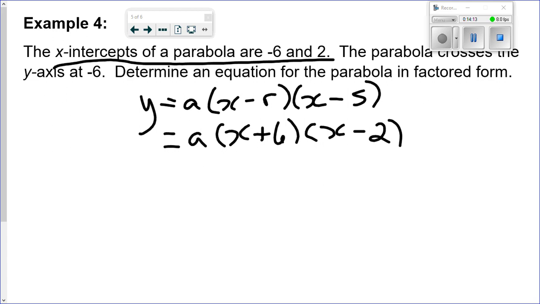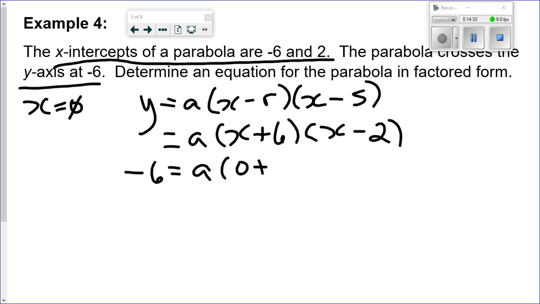And remember, switch those signs. We also know that it crosses the y-axis at -6. So we can sub those values in and solve.